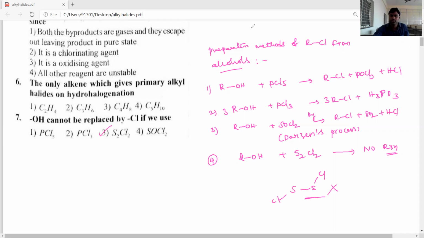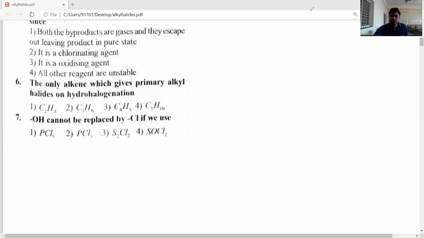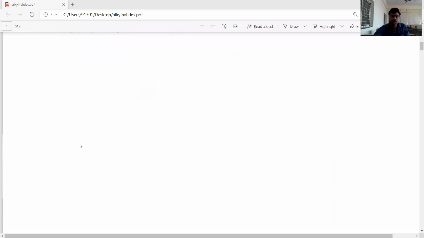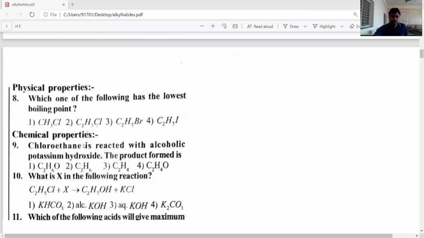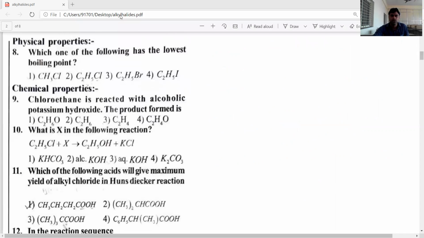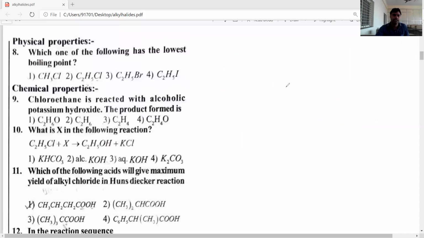Okay, let's see the remaining questions. Which of the following has the lowest boiling point? Generally, we know very well in alkyl halides, boiling point is directly proportional to molecular weight.